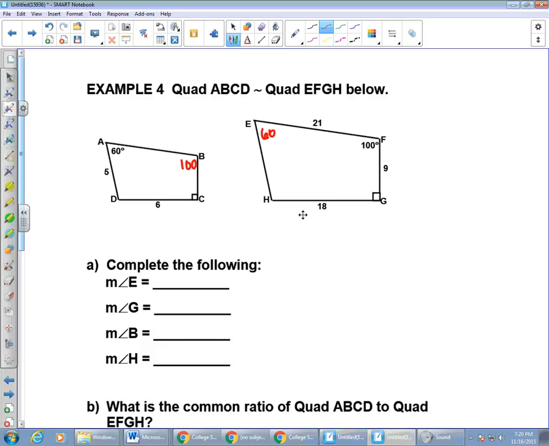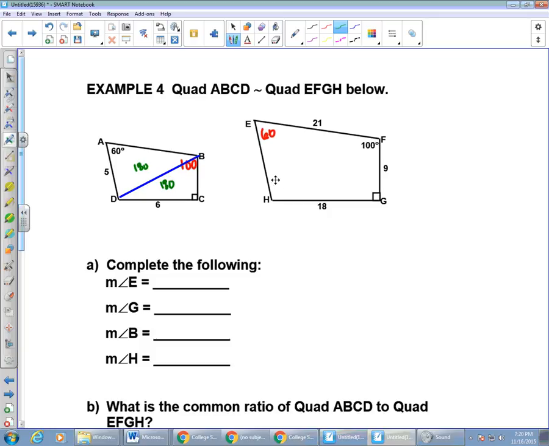And so what I need to think about here is this. I know that a quadrilateral has 360 degrees. One way for you to determine that is if we draw a diagonal here. Now I created two triangles, and each one of these triangles has 180 degrees. Because of that, the total sum of the interior angles is 360 degrees.